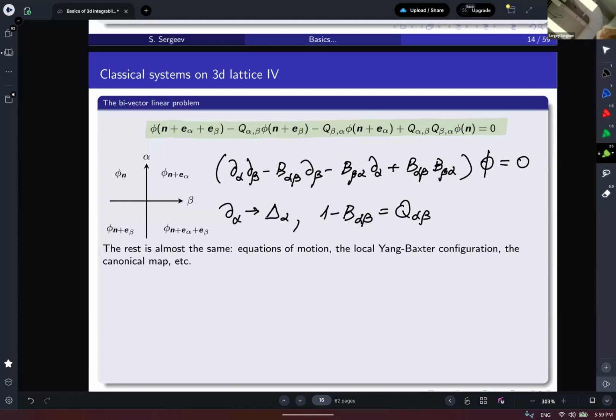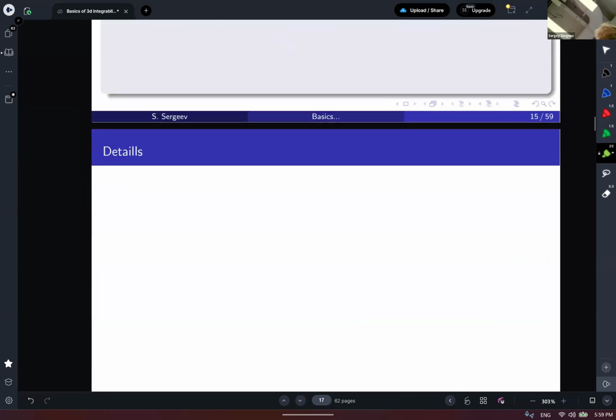Of course, now we have to talk a little bit about the geometry, where our variables live. Well, the picture is the same as before. We deal with a cubic lattice.